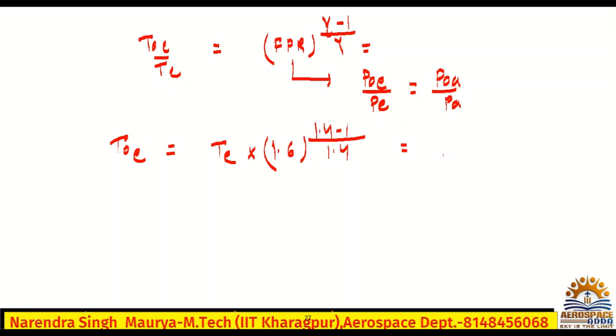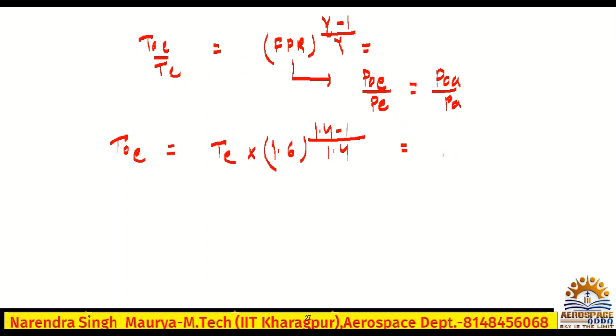So this T naught E will be 1.6 to the power 0.4 divided by 1.4, that is 1.143, into TE.